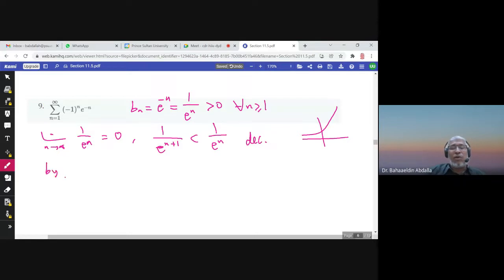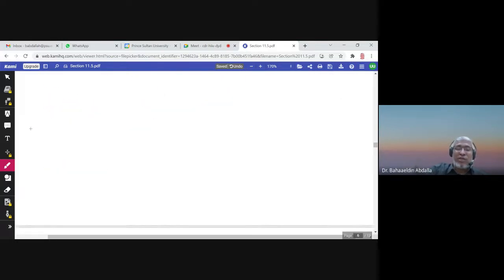So by the alternating series test, summation An converges. So this is how we deal with alternating series.